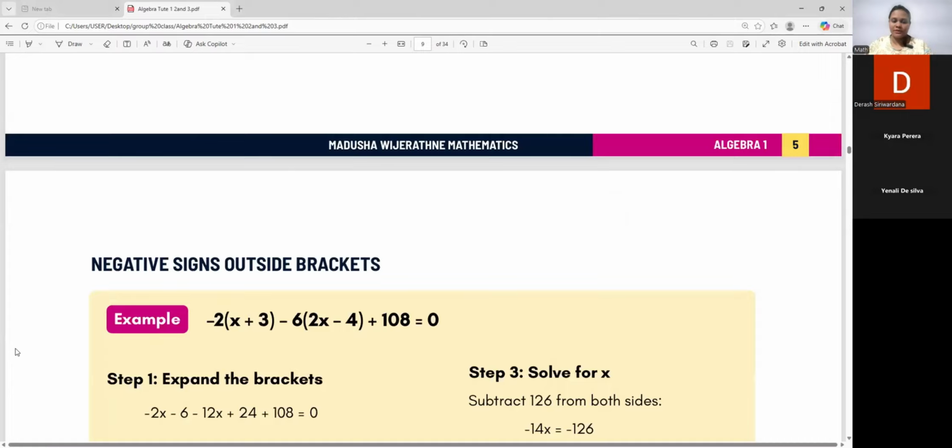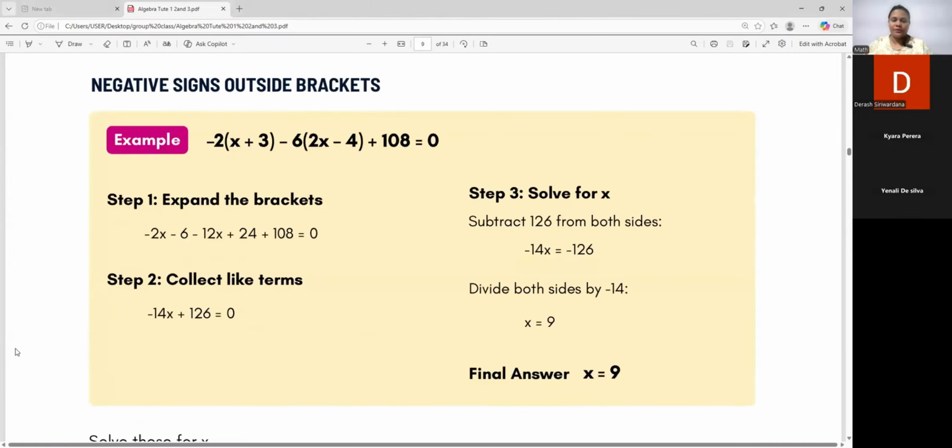The next part is we have to remove the brackets first. As I already said, we need to remove the bracket first. Now we have to remove the bracket by multiplying by a negative number. Same method, only we have to be careful with the minus sign. Minus 2 times x is minus 2x, minus 2 times plus 3 becomes minus 6.